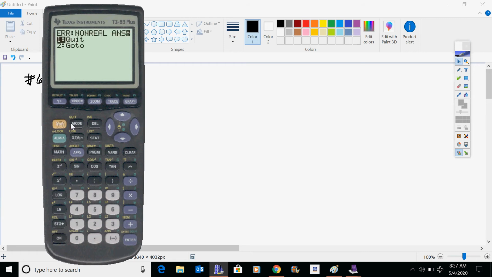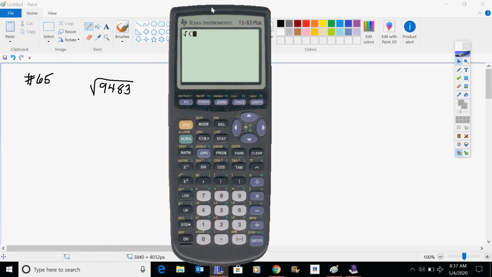Square root is right here. Then you just put the numbers in, 9483, and then round to the appropriate place value. This one they said to round to 3 decimal places. So you would do 97.381.